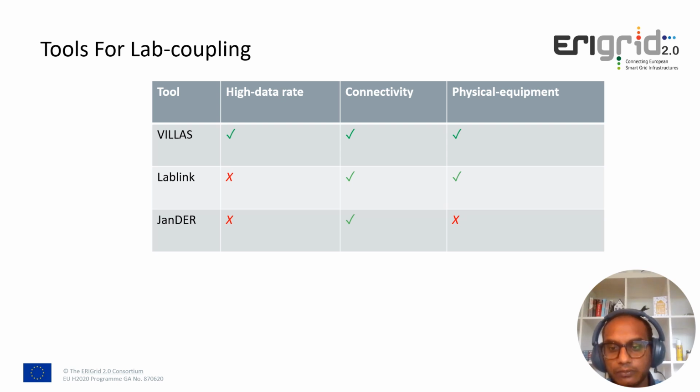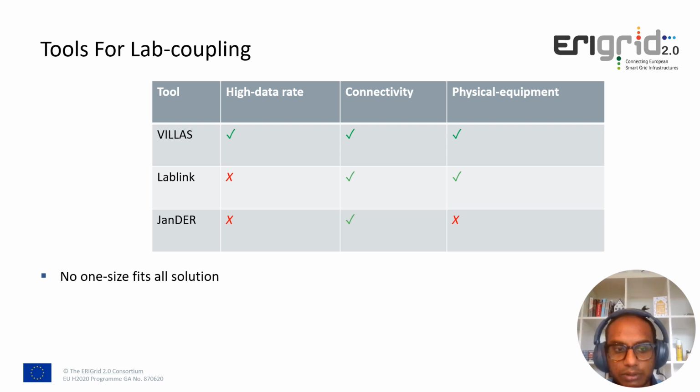In the previous part of the MOOC, you have been introduced to some of these lab coupling tools shown here. As we see, the first tool, Villas, provides a high data rate, provides connectivity, and can also be connected to physical equipment, whereas LabLink does not provide a high data rate, and Jander does not provide a high data rate and cannot be connected to physical lab equipment.